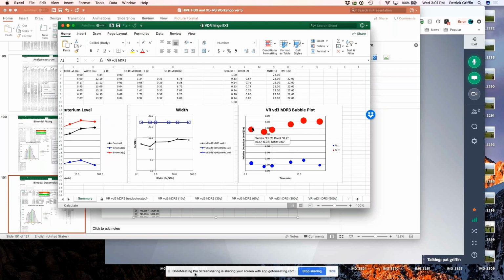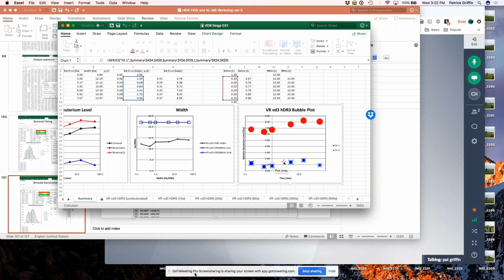The red bubble dot represents the higher MS envelope, and the size of the bubble represents the ratio of the second MS envelope, and the blue dot represents the first MS envelope. This is the deuterium uptake calculation. The bubble dots help you calculate the conversion from the first MS envelope to the second MS envelope, so that you can calculate the structural change directly from this.